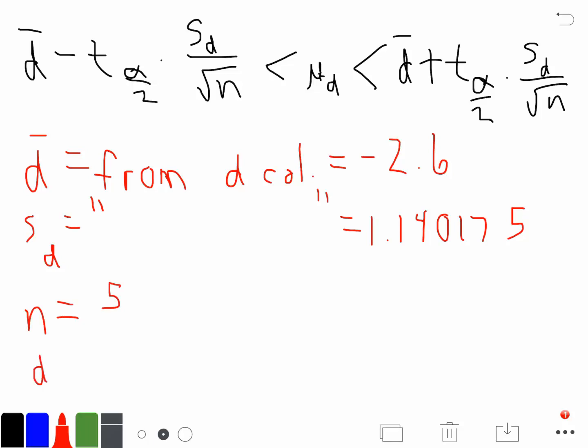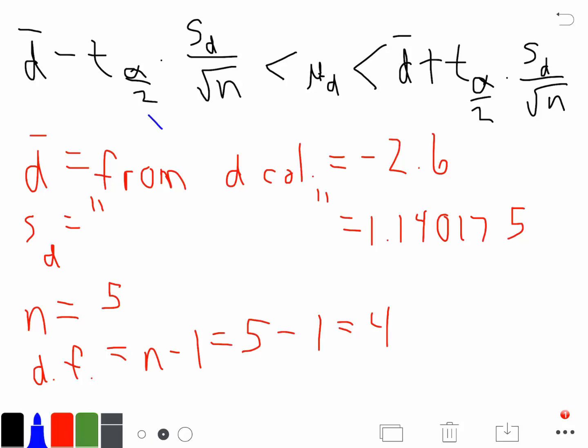And while I'm at it, let's go ahead and do degrees of freedom. Degrees of freedom is equal to n minus 1, which is equal to 5 minus 1 for us, so that's 4. Now that we have these values, we can go back and find that t sub alpha over 2, our remaining value.